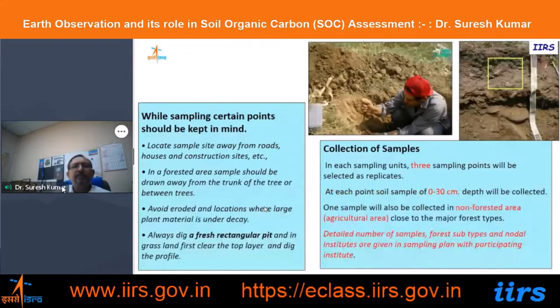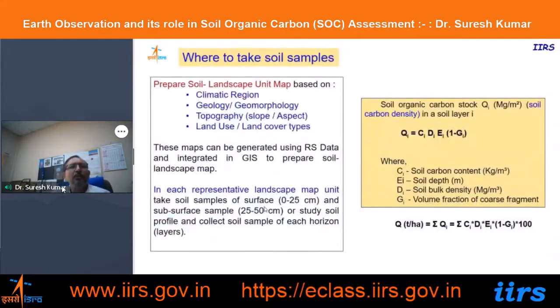first comes how we collect the soil samples and where to collect them. Deciding where to take soil samples is very important to know. For that, it is required to prepare a soil landscape unit map.